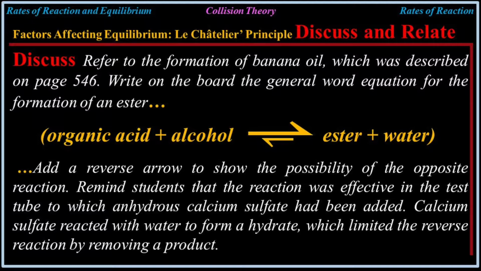Remind students that the reaction was effective in the test tube to which anhydrous calcium sulfate had been added. Calcium sulfate reacted with water to form a hydrate, which limited the reverse reaction by removing a product.